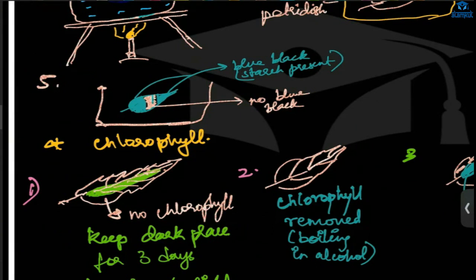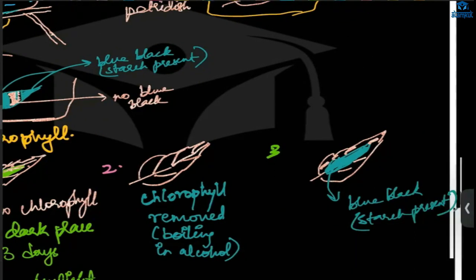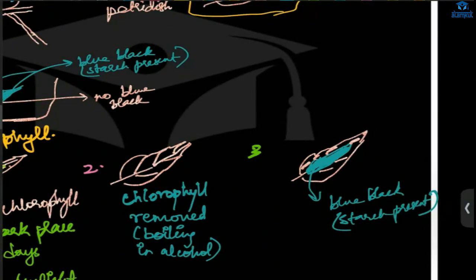How do we boil in alcohol? We use a water bath. We put water in a container, and in another container we take the alcohol and the leaf. Then we boil it, not directly, that is a water bath. Then the leaf will get decolorized. Then we put iodine solution.